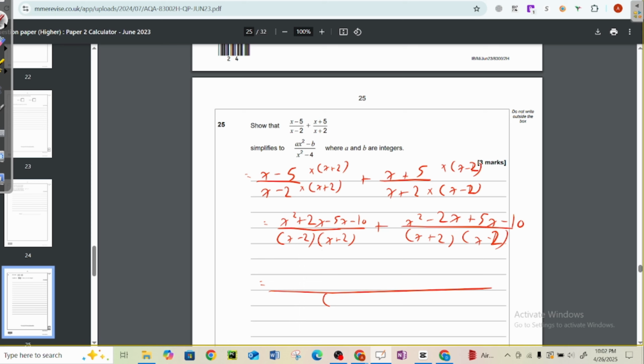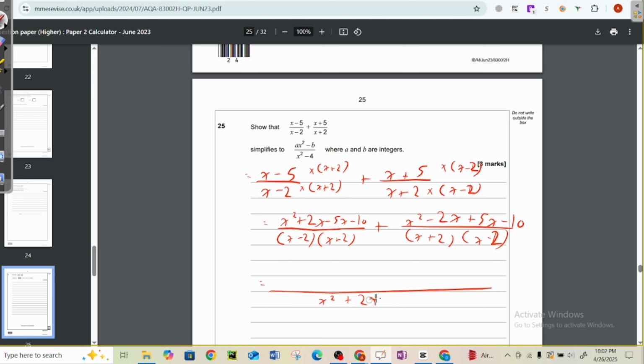When you multiply this, let me open this up. x times x is x squared, minus x plus 2 is plus 2x, minus 2x minus 4.